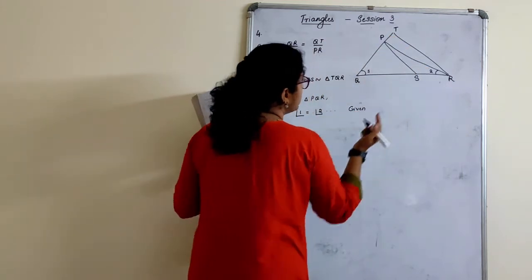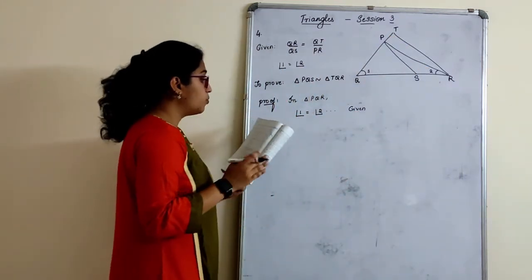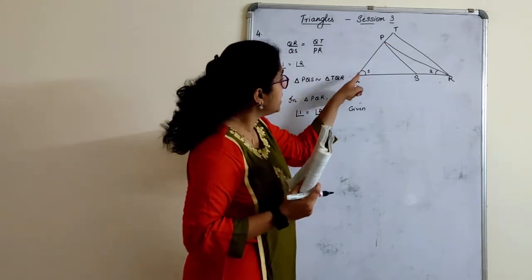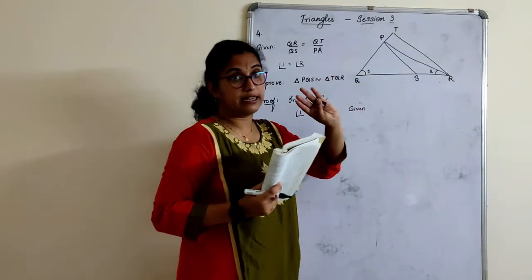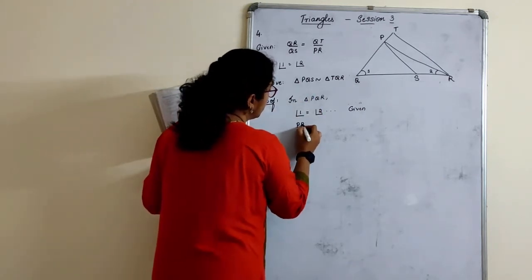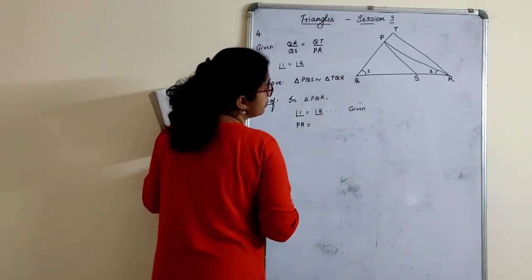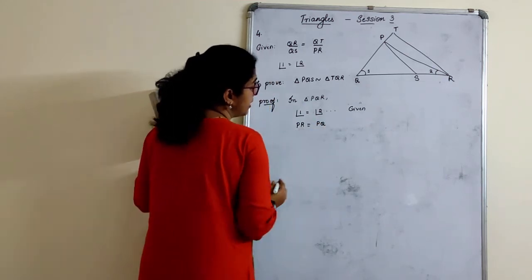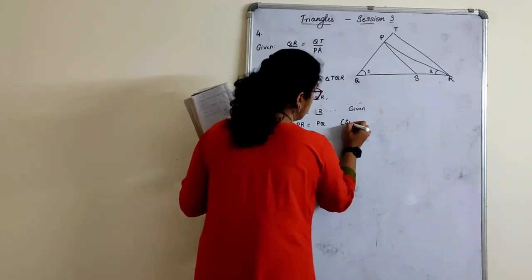Don't imagine this PS exists there, because PS will not come in; the whole triangle is PQR, and PS is not there. So with respect to angle 1, the side will be PR, equal to, with respect to angle 2, the side PQ. Right? Sides opposite to equal angles are equal.